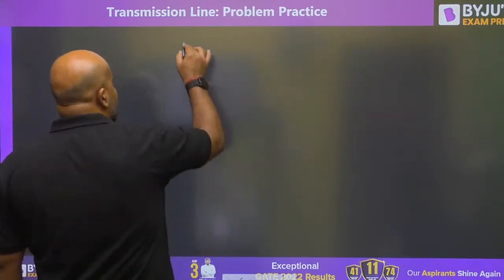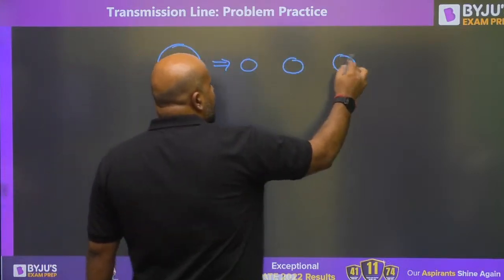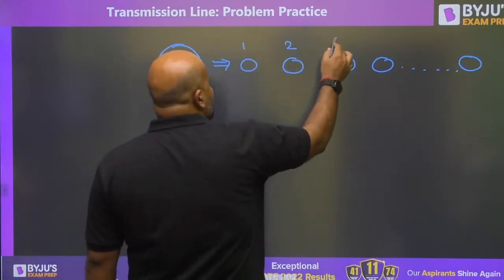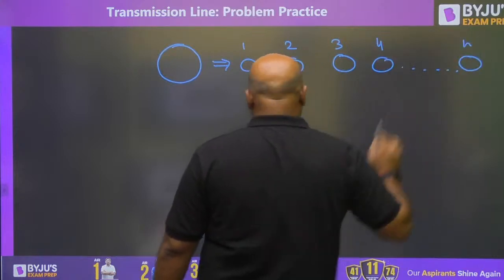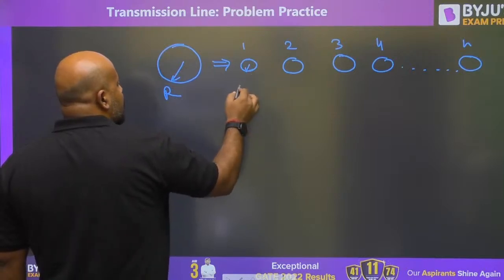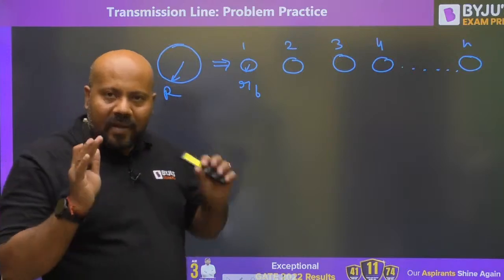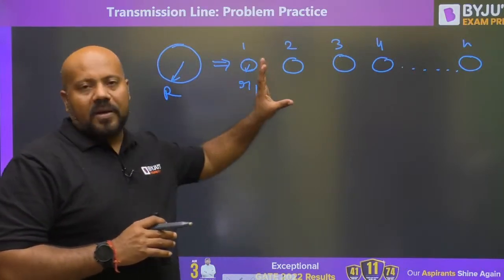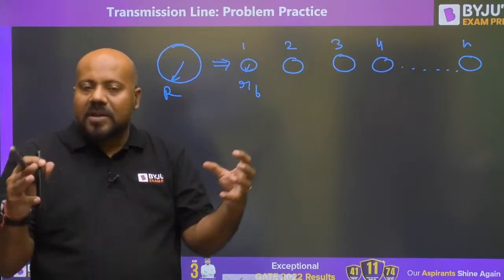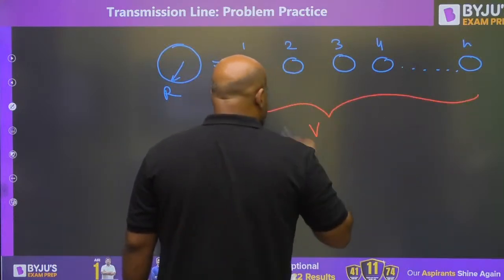Suppose I am giving you a general case. This single solid conductor you are dividing into n subconductors. This is 1, this is 2, this is 3, this is 4, and this is up to n. Suppose its radius is capital R and all these subconductors have the radius RB. Now, when you divide this single solid conductor into subconductors, all of them are going to act in parallel. Yes or no? You are just giving some spacing. So the voltage is going to be the same for all of these.